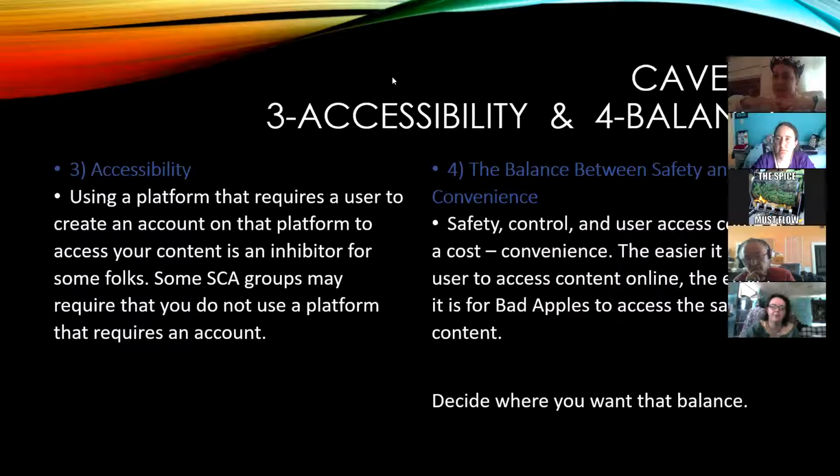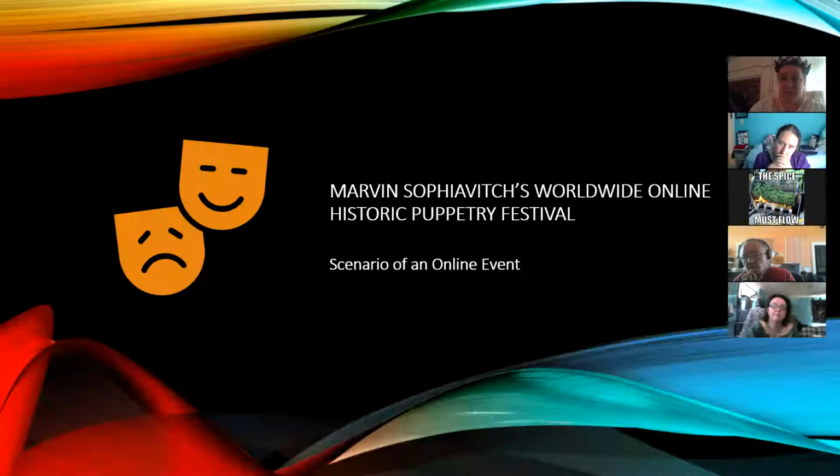You are going to have a balance where you've got to manage convenience against safety, and it will be up to you, who are managing your event, where you want to draw that line. Now again, if it's official and you've got other people involved, officers that are telling you what you have to do to be under an SCA group in particular, you have to follow their guidance for where that balance is. When you're on your own and it's unofficial, then you can absolutely decide where you want to put it. It is up to you to decide where you want that balance.